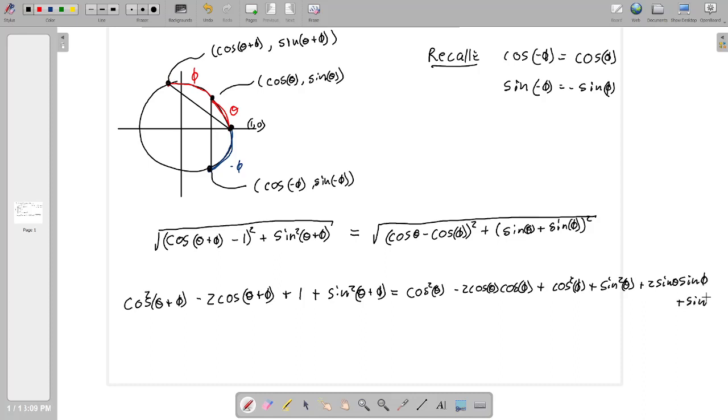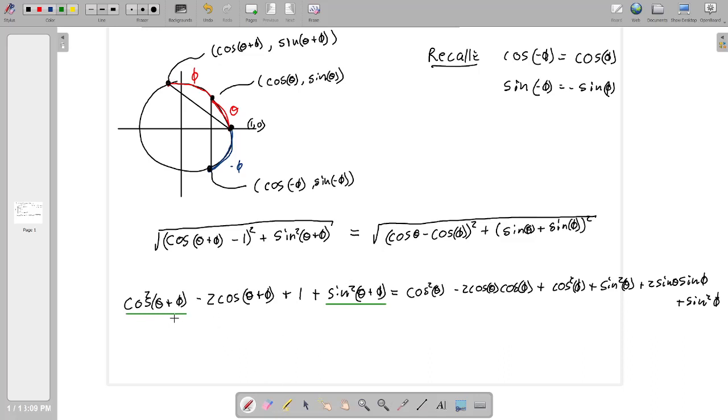Now I know that's a lot, but I want you to notice a couple of things really quickly here. First, we have sine squared of theta plus phi and cosine squared of theta plus phi. Now these two things are being added together.